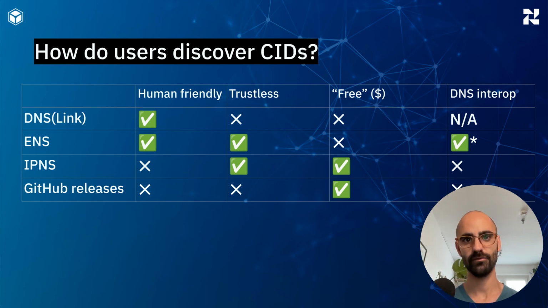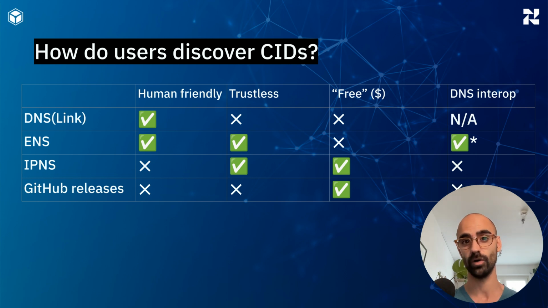And we also have ENS, which is somewhat similar to DNS, but is stored on chain, on the Ethereum blockchain. This is obviously a bit more verifiable than DNS. It's much more modern, but it also has drawbacks. Like, it's not very easy to verify these ENS records on the client side.